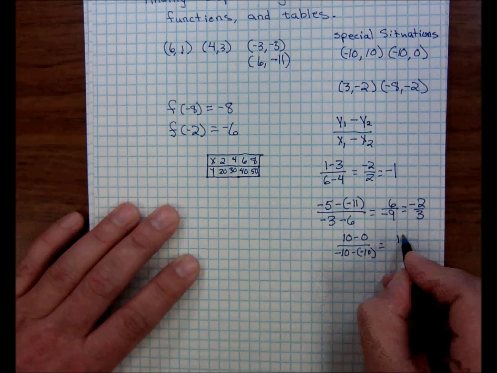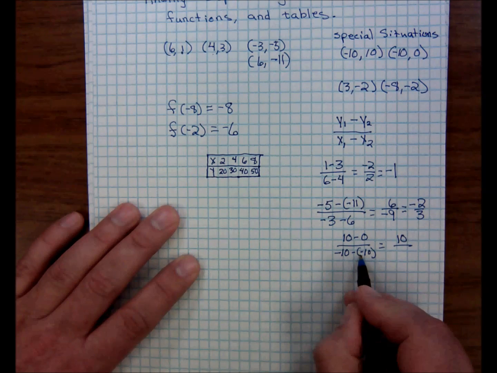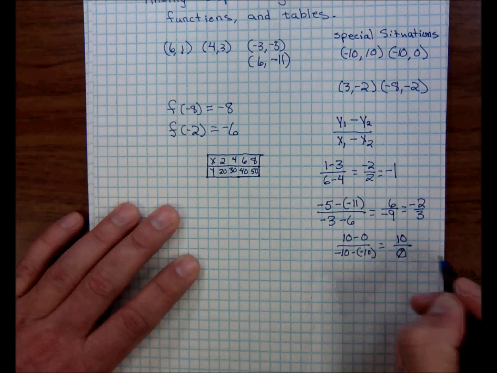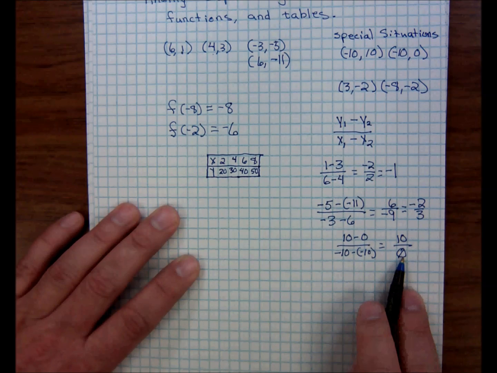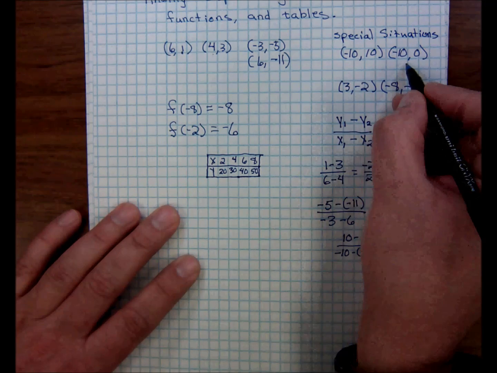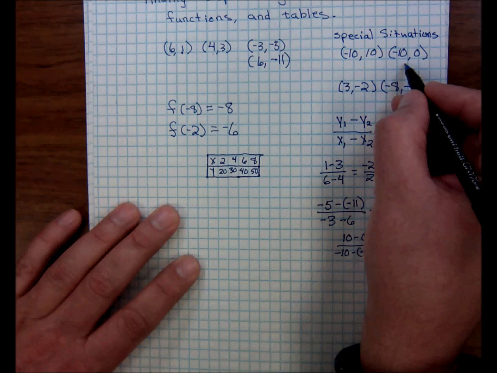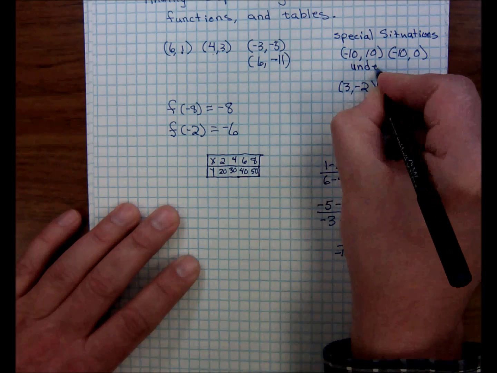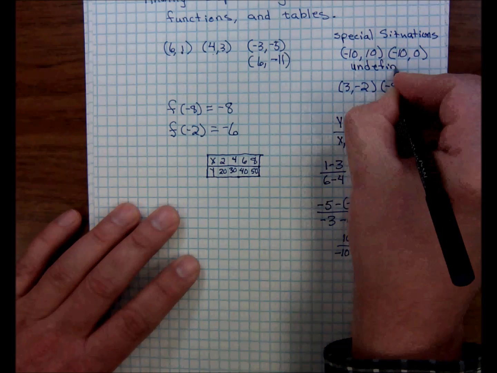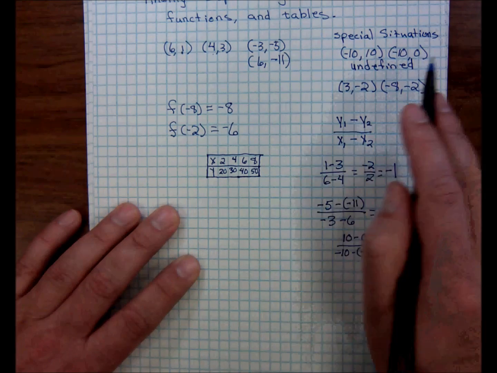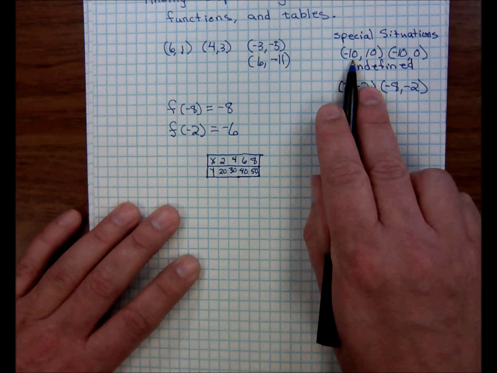However, negative 10 plus a positive 10 is 0. As we know in math, you cannot have a division by 0. So whenever you see this type of situation with the x coordinates being the same and you're trying to find the slope, this is considered to be undefined. And by the way, that would be a line at x equals negative 10.